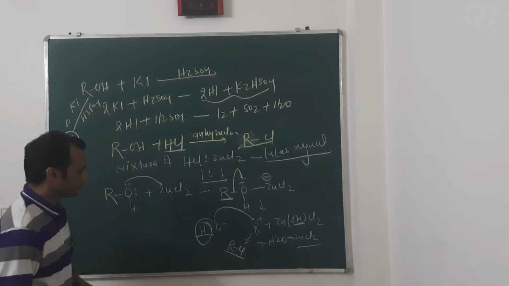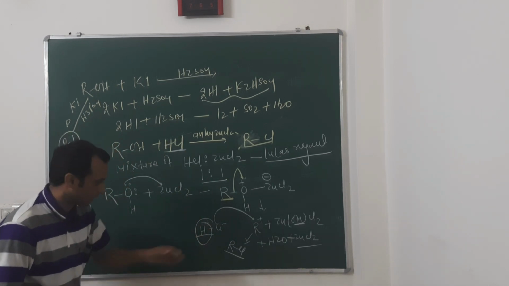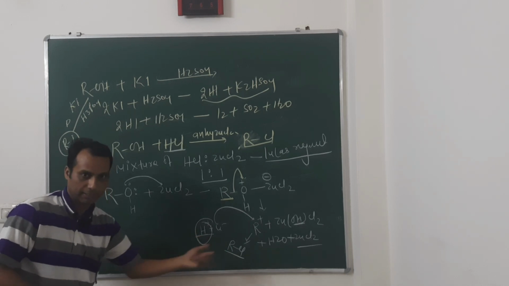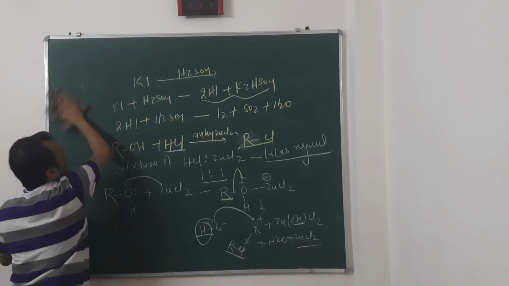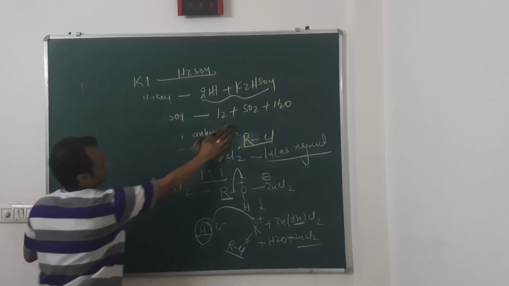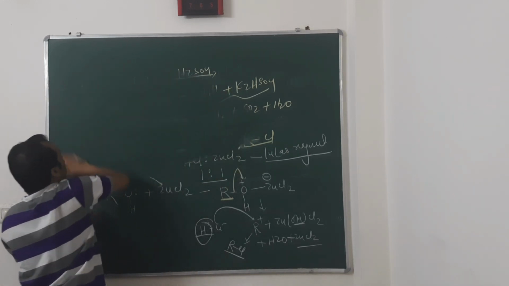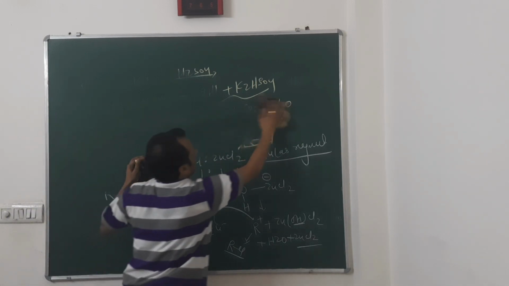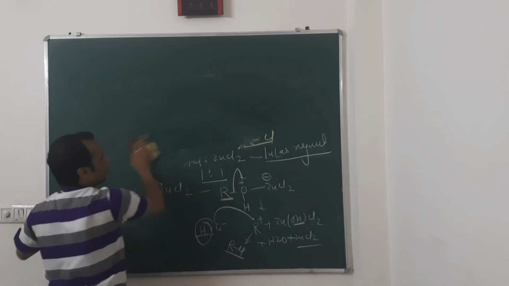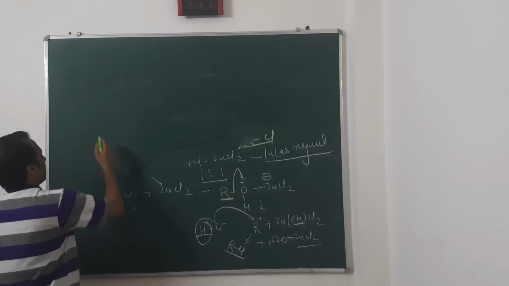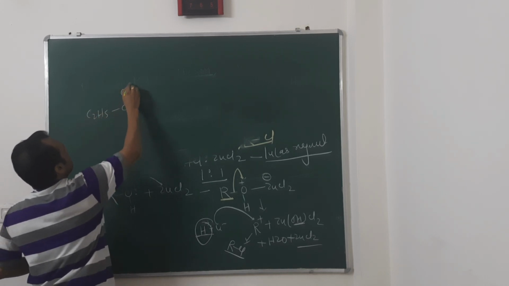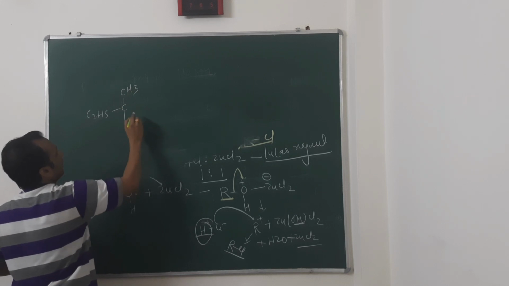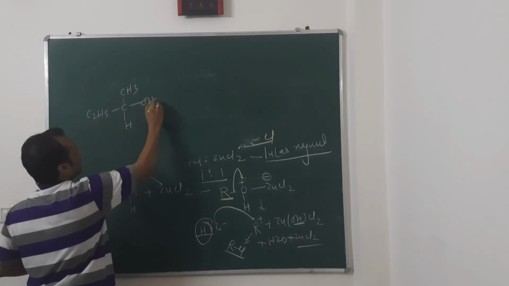Now the question is, understand through an example of these alkyl halides. Suppose we have taken a 3 degree or 2 degree alcohol, and here, students, we are taking C2H5, C, CH3, H and OH. Correct?